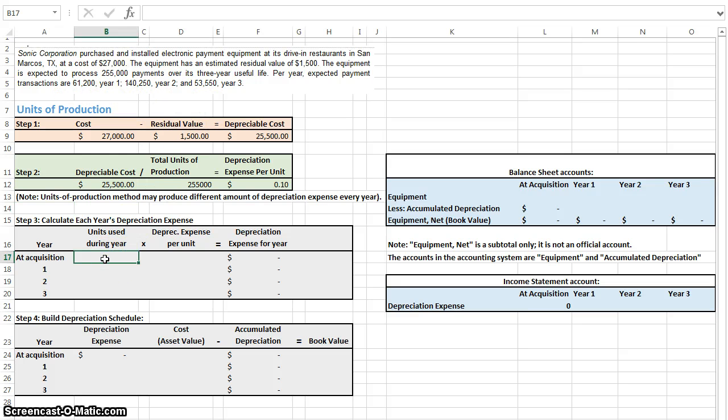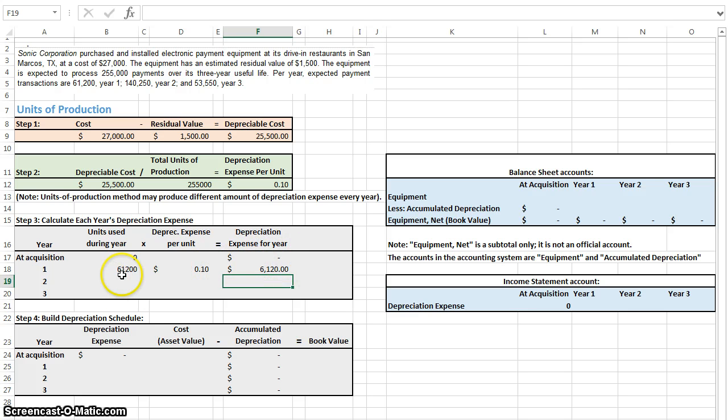So at acquisition, you didn't use any yet, so you have zero depreciation expense. You don't have depreciation expense until you actually use your asset. So year one, how much did we use? It says 61,200 right there. 61,200 units used. Multiply that by my depreciation expense per unit, which is 10 cents per unit, and I get a depreciation expense for the year of $6,120.